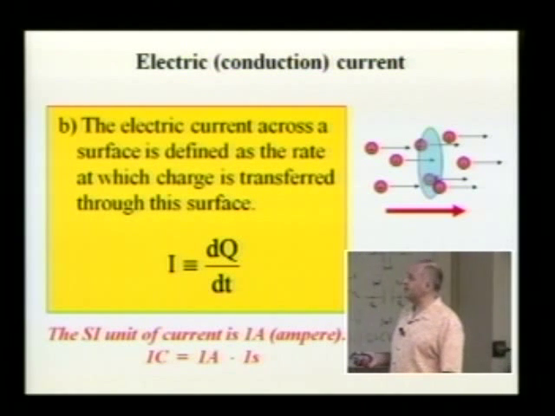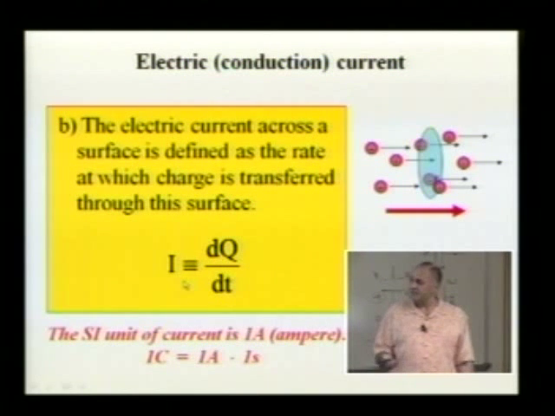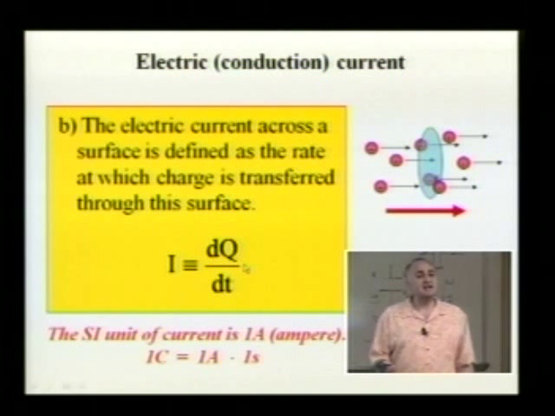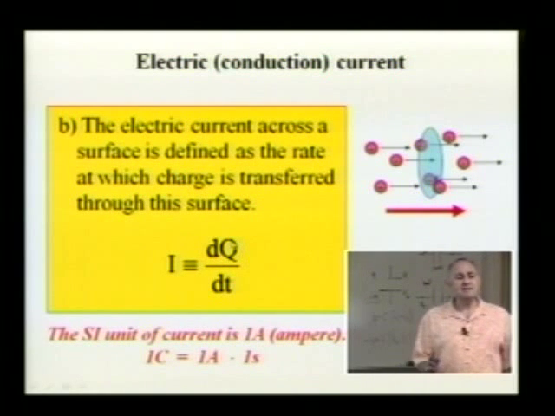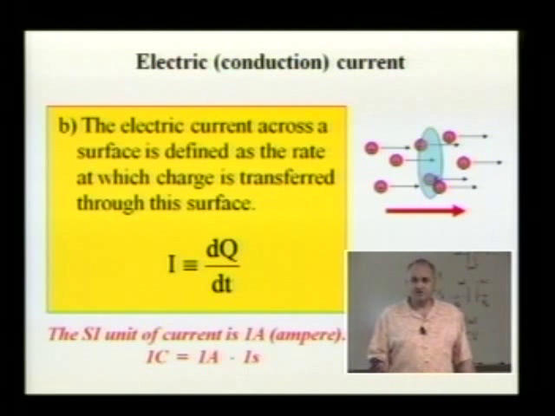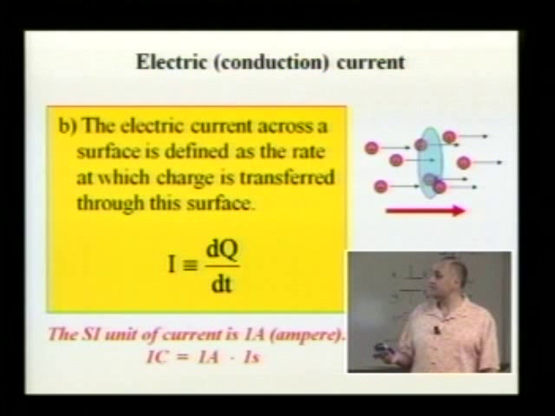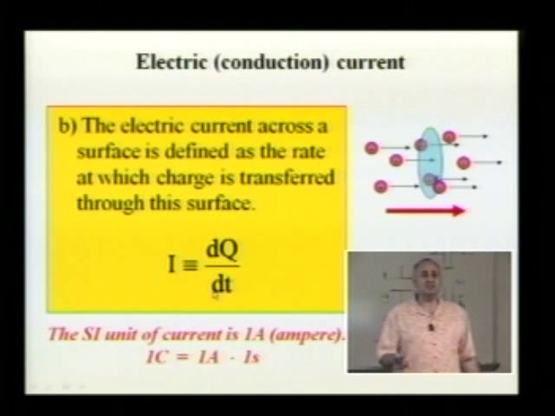Before I go on, I want to point out something else. Note that current, let's think about what kind of quantity it is. Is current a vector quantity or a scalar quantity? Let's start with charge. Is charge a scalar quantity or a vector quantity? Who believes that it's a scalar quantity? The majority of you recognize that charge is a scalar quantity, and it's correct. How about time? Time is also a scalar quantity.